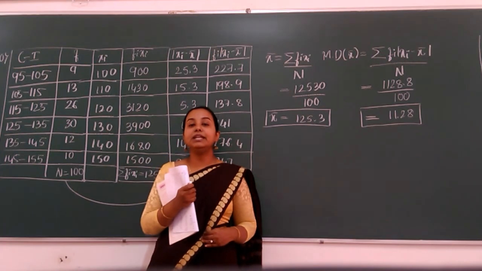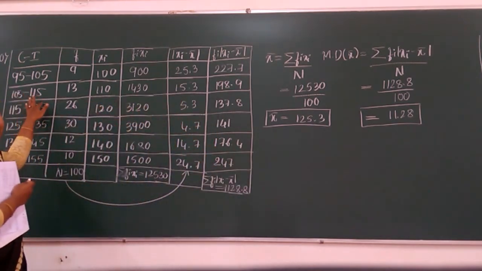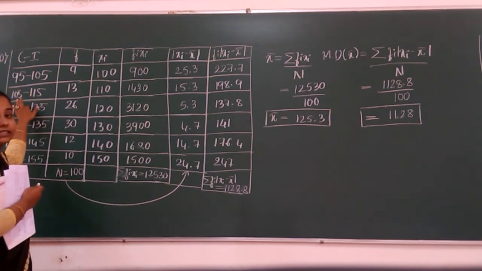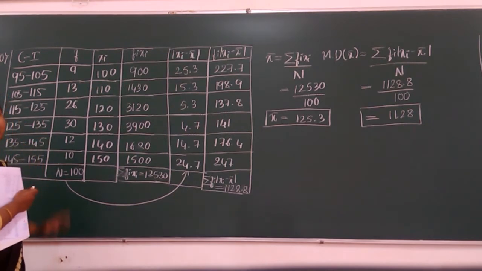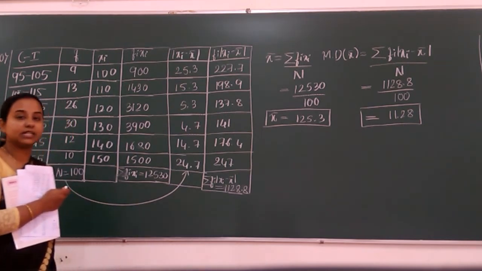It is the mean deviation about mean for the given data. What type of data is this? It is continuous data. So this is all regarding how to calculate the mean deviation about mean for continuous data.